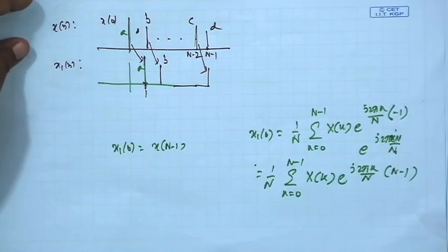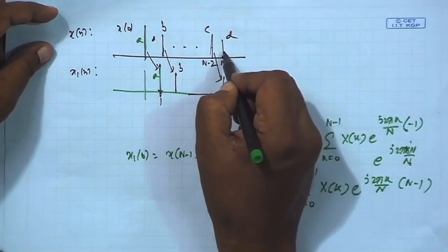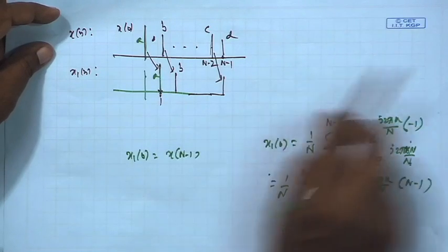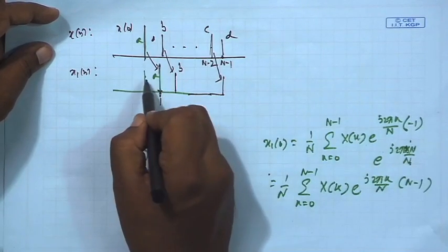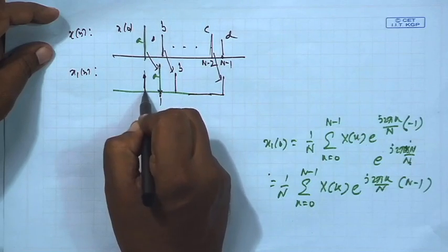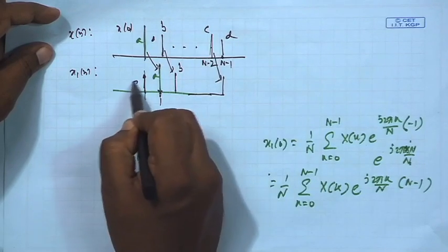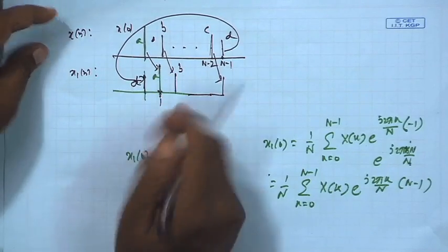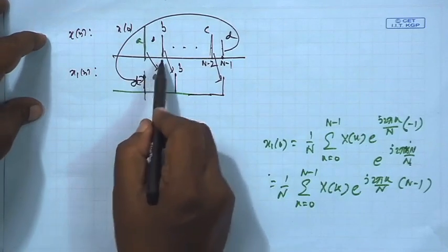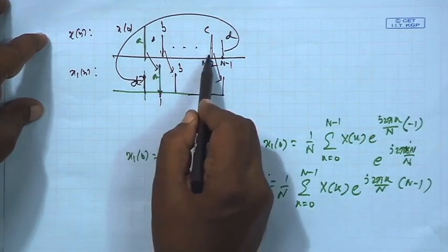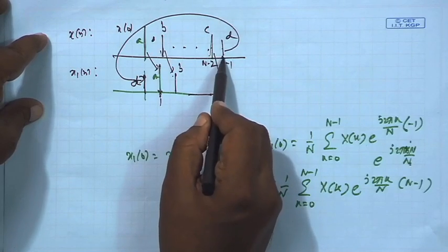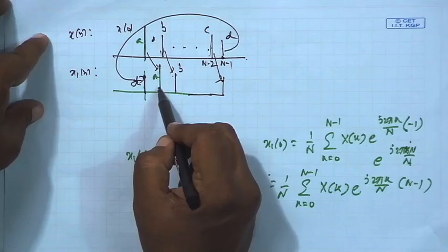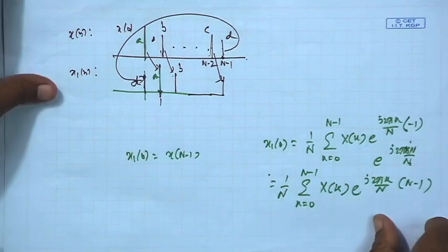That means this one, there is x 1 0 here, x 1 0 at this point will be d, x n minus 1. So it is a circular shift. A goes to the right by 1, B goes to the right by 1, this goes to the right by 1. The last one does not move further right, it comes back to the original position. So it is called a circular shift by 1.